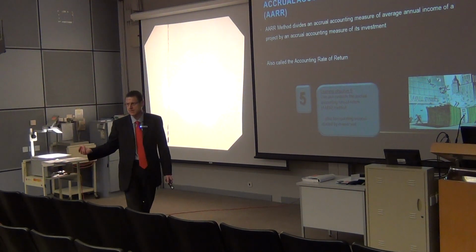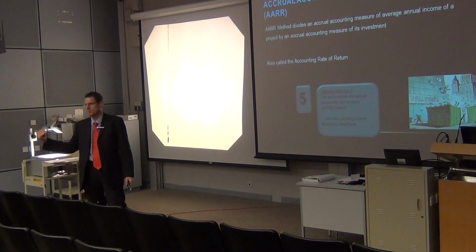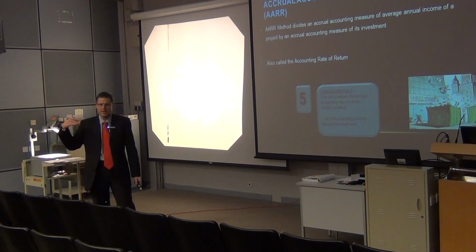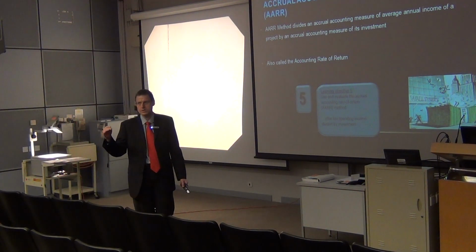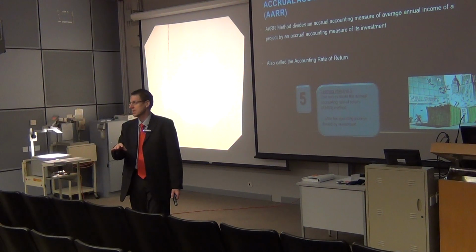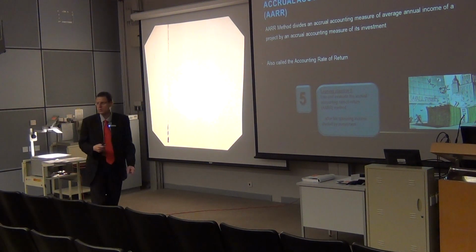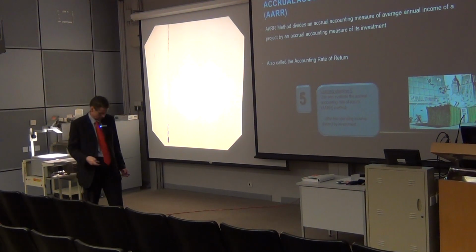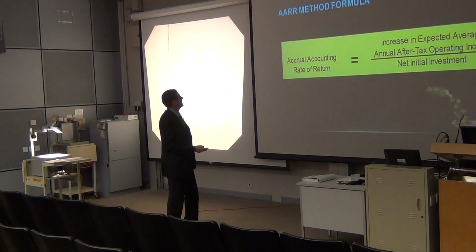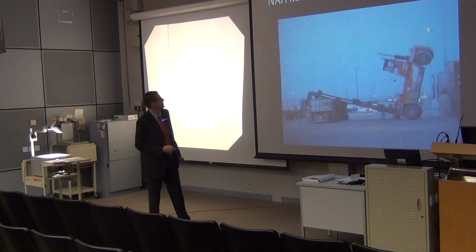So the benchmarks aren't time value of money adjusted. It's really a function of the returns they expect in the industry that the company is in. So accounting rate of return is important. Why? Because you don't have to do much calculation. Okay, and so there's the formula there, and you can do that.